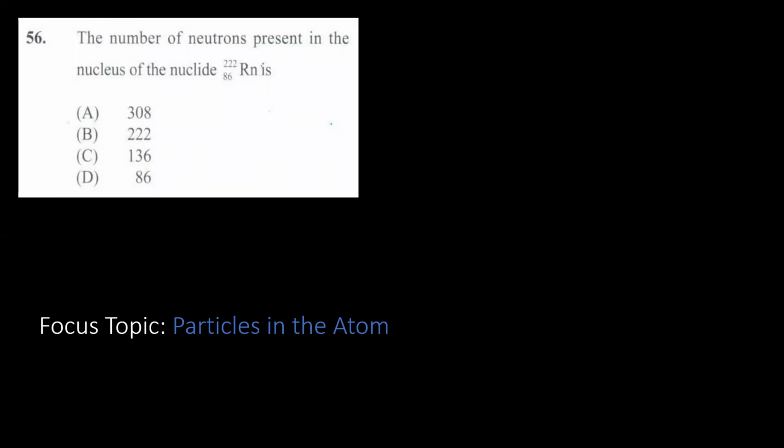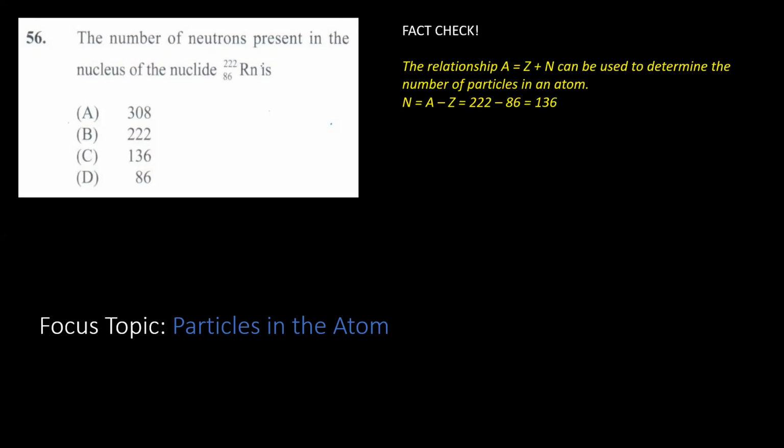All right. Question 56, we are shown the chemical symbol for a particular nuclide that has a mass number of 222 and an atomic number of 86, and you're asked to find the number of neutrons.